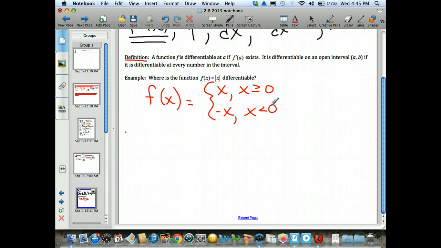So we need to look and see what happens at 0. So we're going to use this definition and then look at our limits and see if we come up with the same thing, because we know something weird happens at 0 here, because this is the point in the domain where we get the split from the positive x to the opposite of x. So let's just look at that limit as h goes to 0.